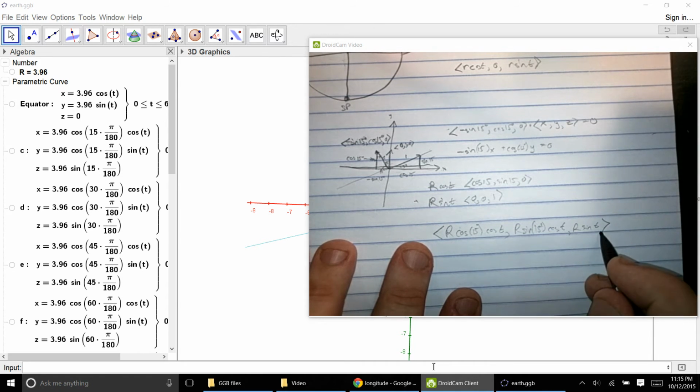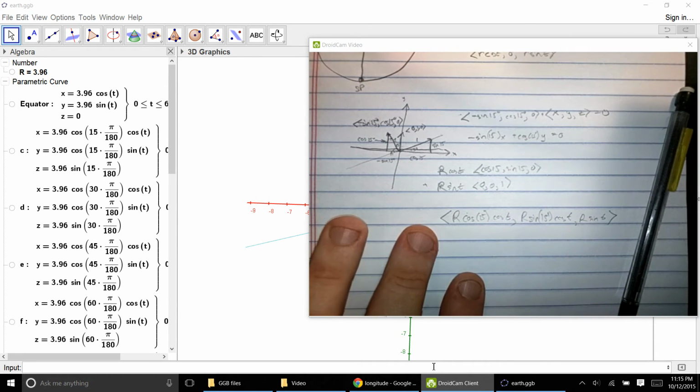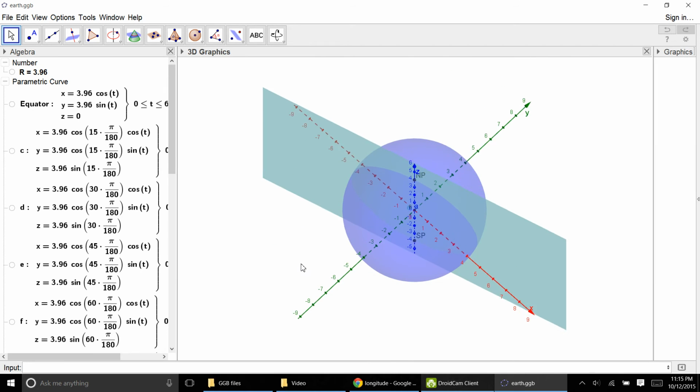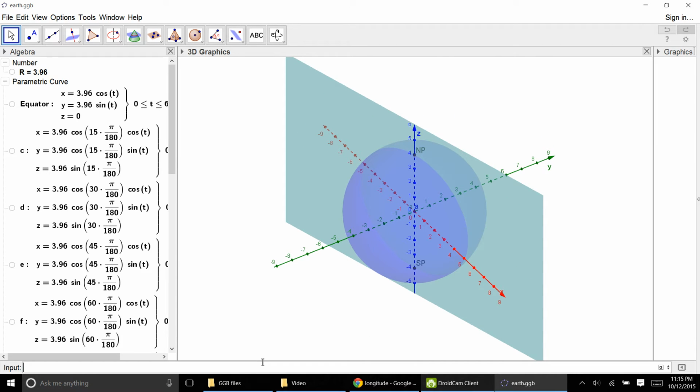So that's the parameterization of that circle. Okay, so we just have a cosine 15 cosine t, a sine 15 cosine t, and then a sine t. So let's see if we can get this circle to be parameterized. So curve: we said it was R cosine 15 degrees and then cosine t.